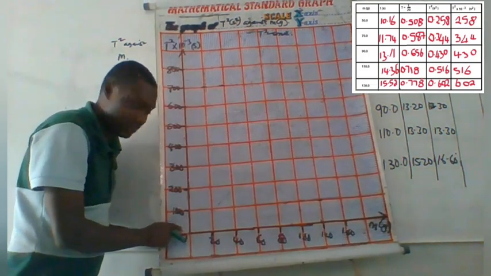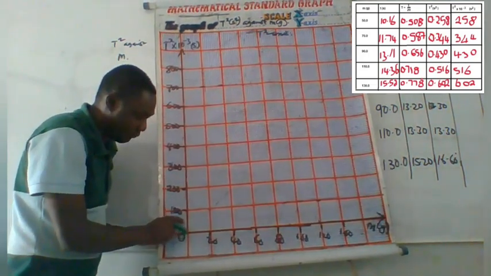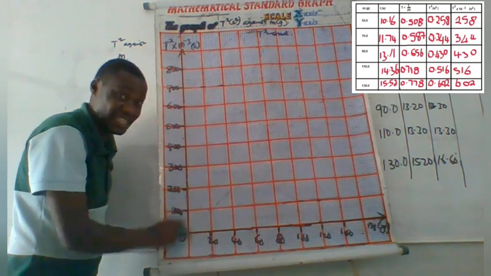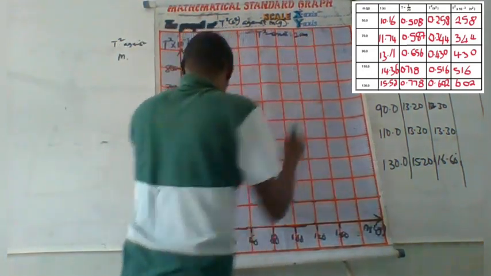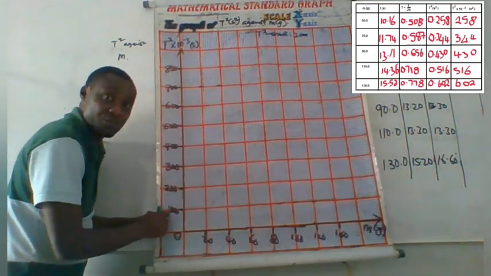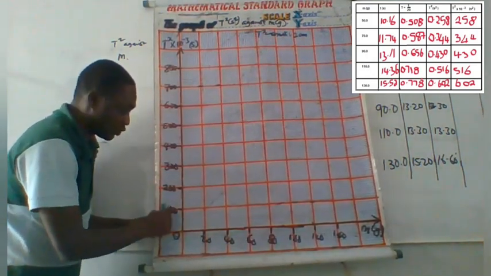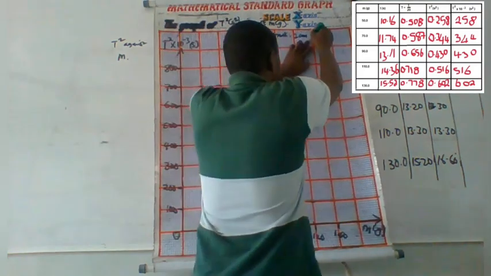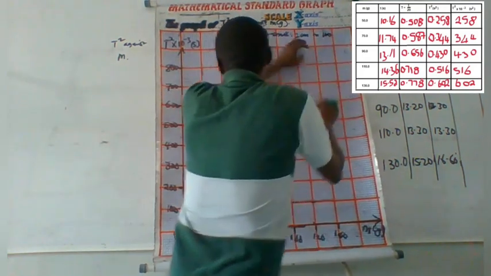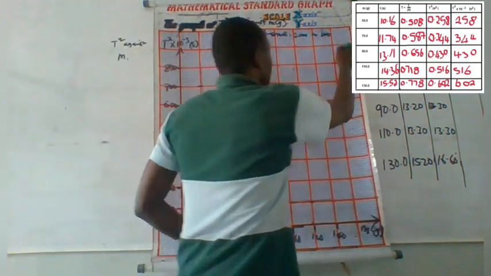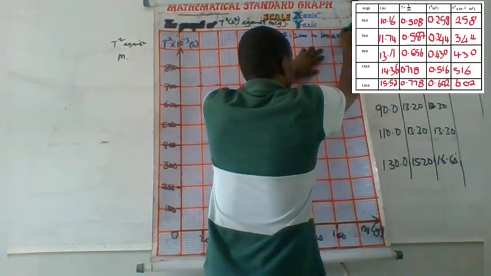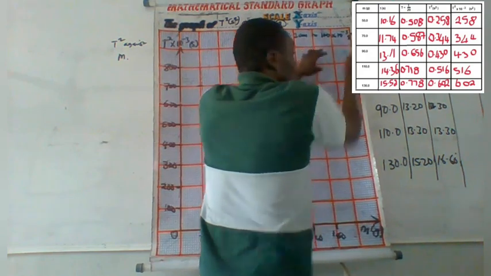When you count this, 1, 2, 3, 4, 5, 6, 7, 8, 9, 10, 10 of it is 2 cm. And the gap between this and this, the numerical value is 100. So it's 2 cm to 100. Don't forget that there is times 10 raised to the power minus 3 here. So you put it times 10 raised to the power minus 3 seconds squared.